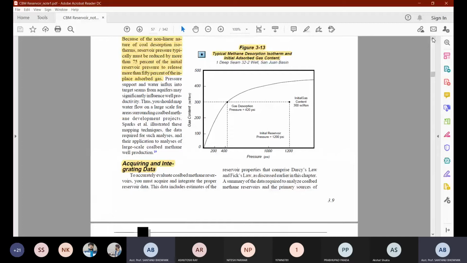Suppose there are 100 pores available, and you have given only 20 gas molecules. This 20 gas molecules can take any 20 pores from these 100 pores. So after the end of this, all 20 are adsorbed, and then the remaining are only 80 pores.